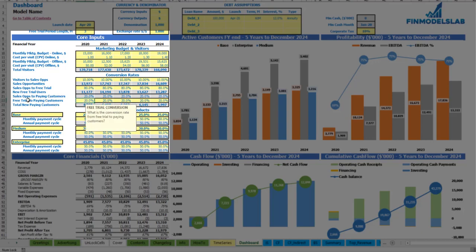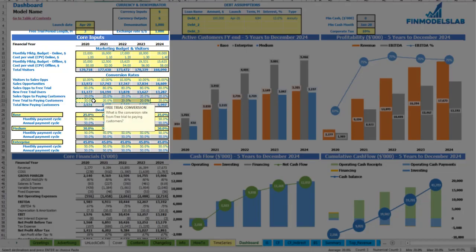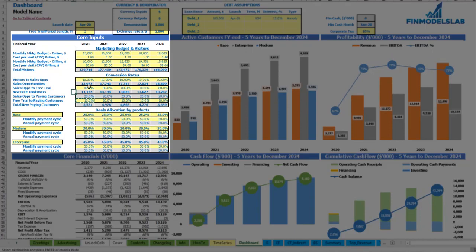Another step is to convert free trial to paying customers after this trial period, after 3 months. Let's pretend that this is 10% conversion. So you have 2.8 thousand, which is directly from sales opportunities, plus 10% of new free trial users, which is in total new paying customers at the end of the year. And this is broken down by years as well.